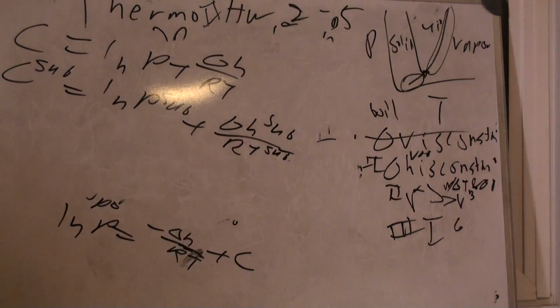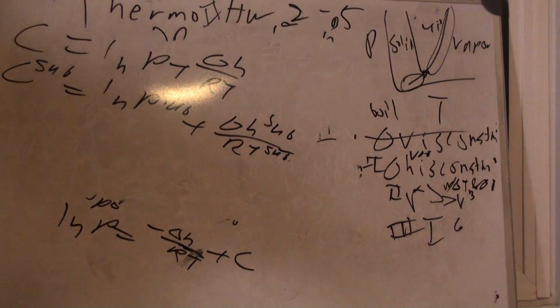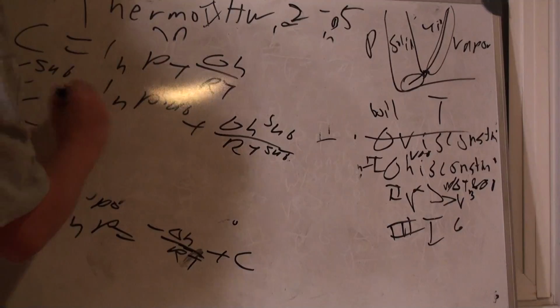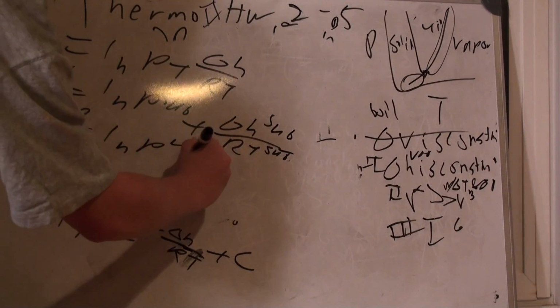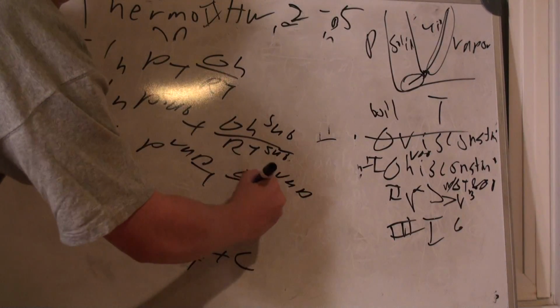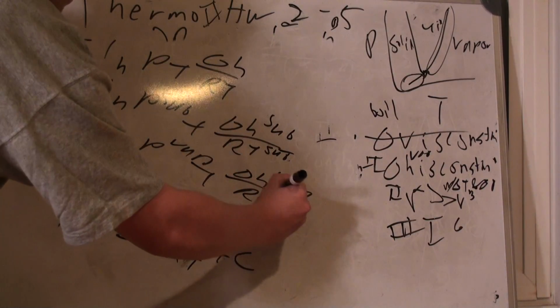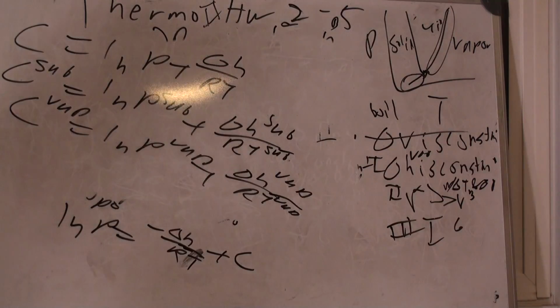I have no idea what it is, and I'm never going to plug in a number down here. And I do the same thing for vaporization. C of vaporization is equal to natural log of P vape plus delta H vape over R T vape, or boiling. Again, plug and chug. Make sure you watch your units, make sure you are using Kelvin and all that good nonsense.